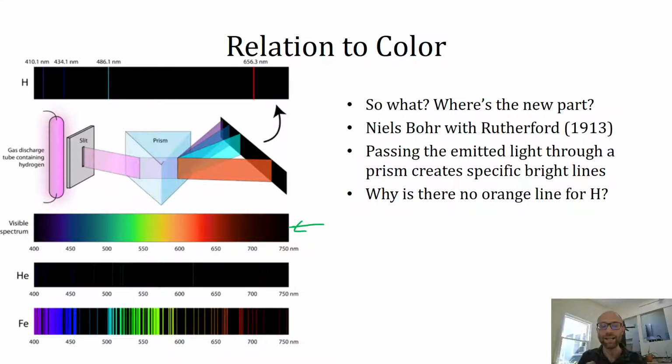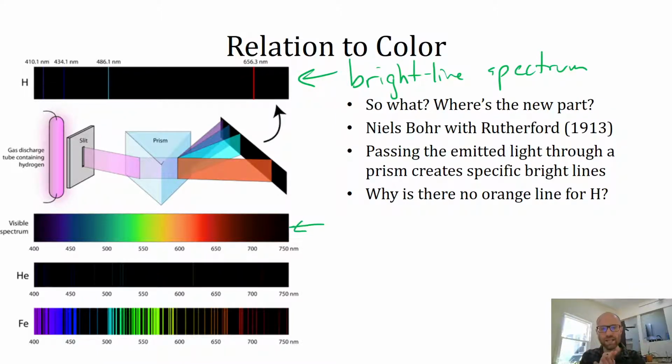That purple light isn't really purple. It's actually made up of several different individual light colors that get separated by a prism. And you know that if you put sunlight through a prism, you get the full spectrum, but we're very much not getting the full spectrum here. In fact, this is called a bright line spectrum because it only shows specific bright lines.